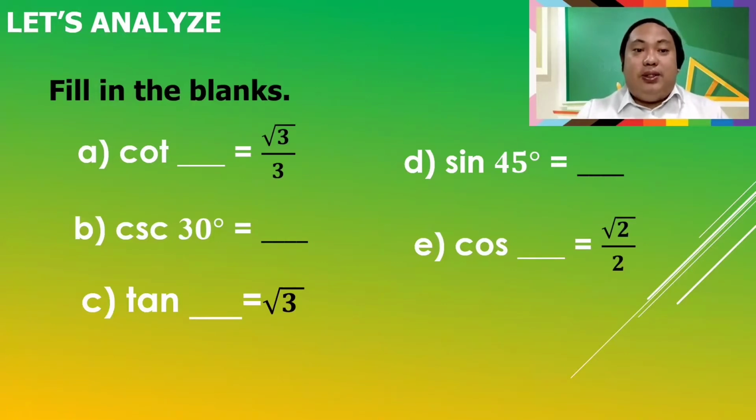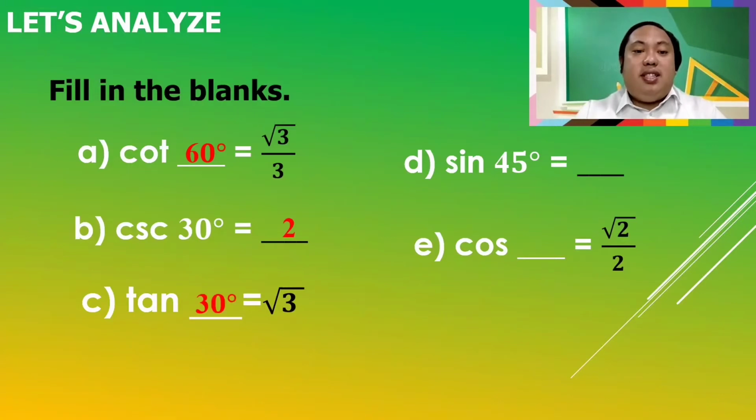Okay, let's have the answers. Letter A, cotangent blank equals square root of 3 over 3. The answer is, good job, 60 degrees. B, cosecant 30 degrees equals, very good, 2. For C, tangent blank equals square root of 3.